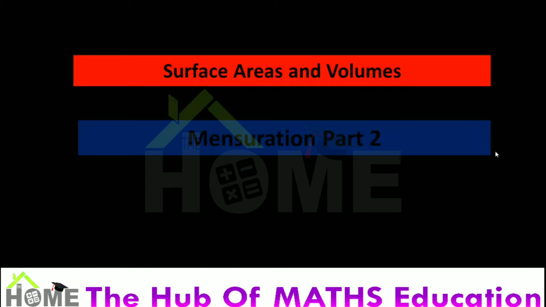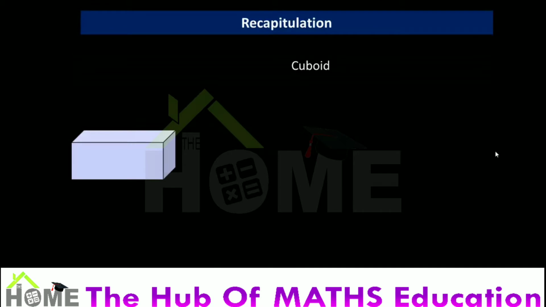So here is the first solid figure, and that is a cuboid. As we know, a cuboid has 6 faces, and where two faces meet, that is called the edge, and this point is called the vertex.